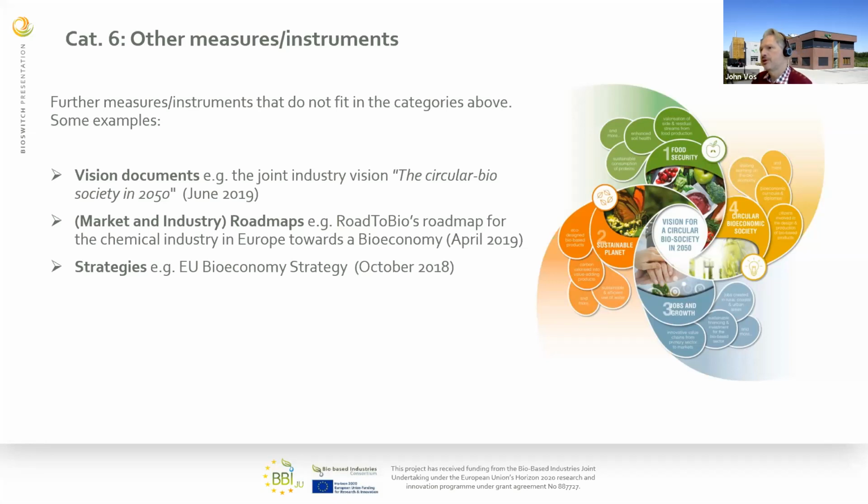Now, strategies that can relate either to geographical areas or to economic sectors. And with regard to the bioeconomy, we see quite a lot of these first type emerging. So strategies relating to geographical areas, that's individual member states and even regions within member states.